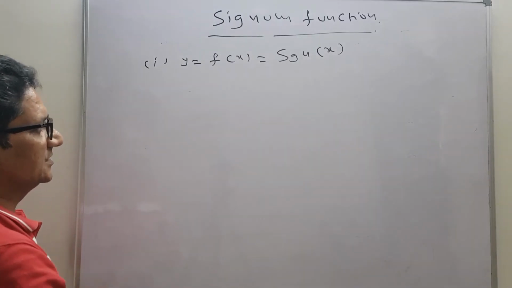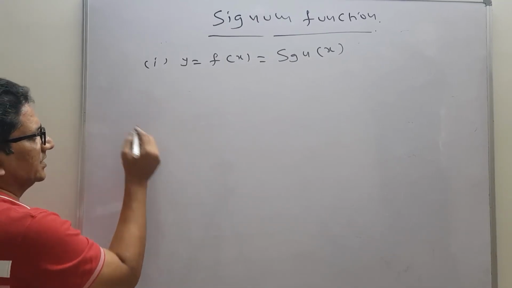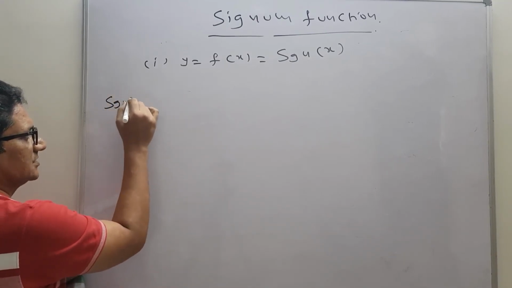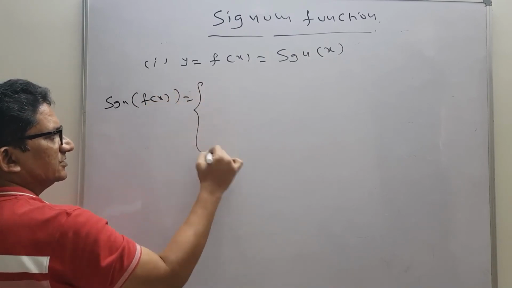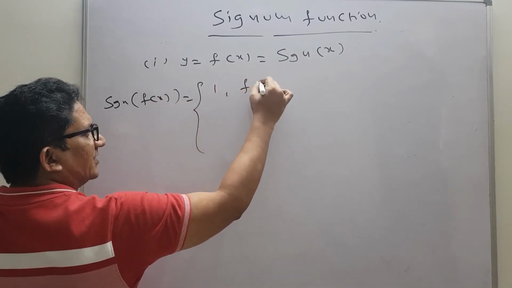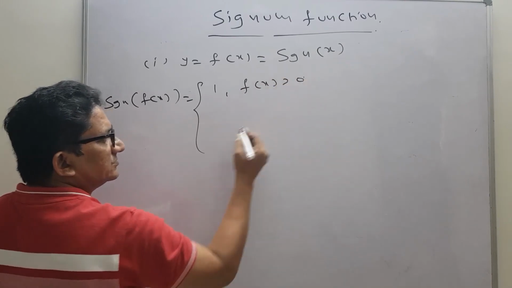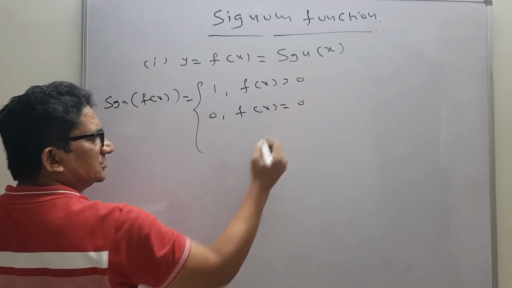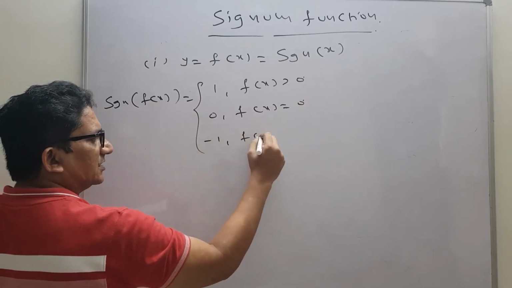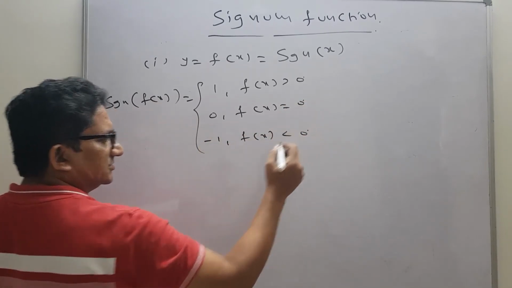Now as per the domain and range concept, if you have signum of f of x, it is equal to 1 if that function is greater than 0, it is 0 if that function is equal to 0, and it is minus 1 if that function is less than 0.